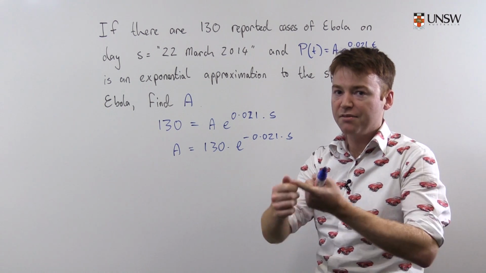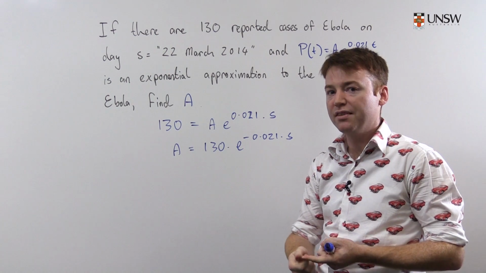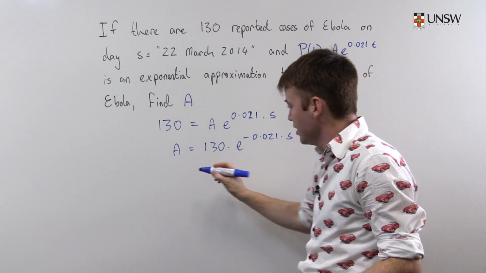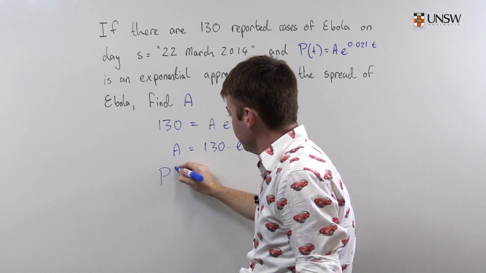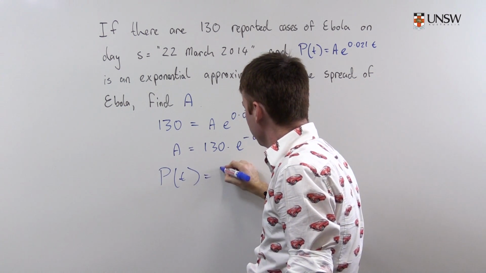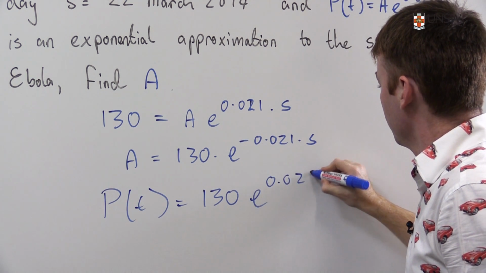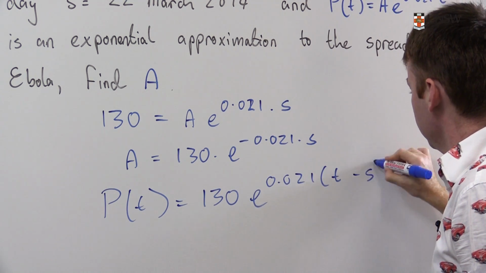We have an R value of 0.021 and we have an A value of this. Let's summarize all of that as P of t is equal to 130 times e to the 0.021 times (t minus s).